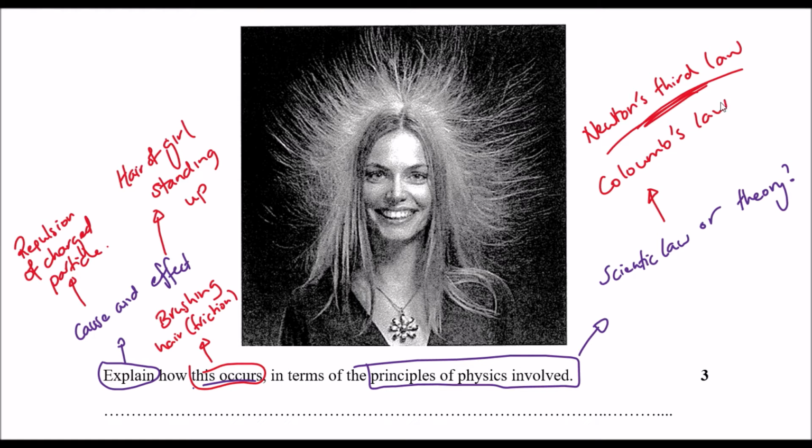It says that charges will exert equal and opposite reaction forces to each other. But this Newton's law derived into Coulomb's law is for charged particles, so it's specifically designed to explain how charged particles interact with each other. Okay, so these are all the different components we can include.